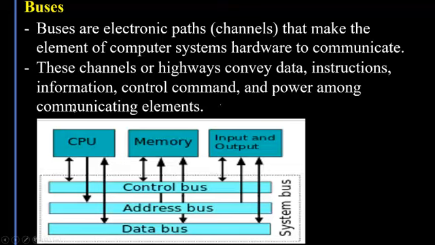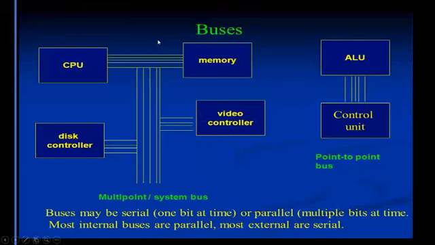I think this one is just trying to repeat what you have already talked about. Here, you will find that components are shown apart. You have the CPU, the memory, the video controller, the disk controller, the control unit, the ALU. They are shown to be far apart.